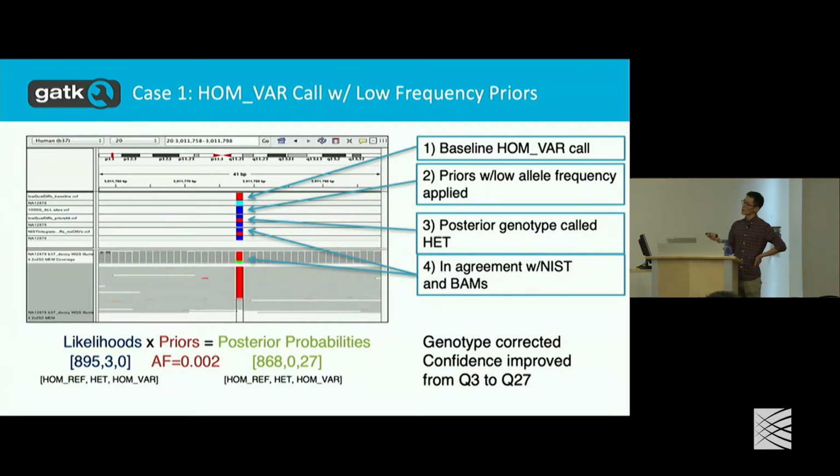But after applying this prior information, 0 is again the genotype with the highest probability. Now we've updated our beliefs and concluded that the HET is the more likely call, and the next most likely call, homozygous variant, is not very likely.